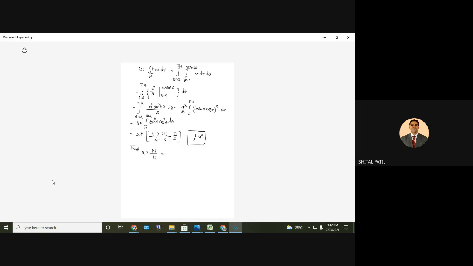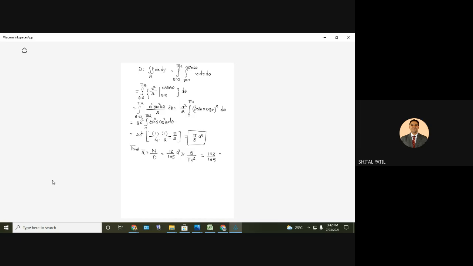Here, what is the n? I written it on the previous page. 16 a cube minus 105. Huh? 16 by 105 a cube into 8 divided by pi a square. So nothing will cancel. 128 by 105. 128 divided by 105. A square will cancel.